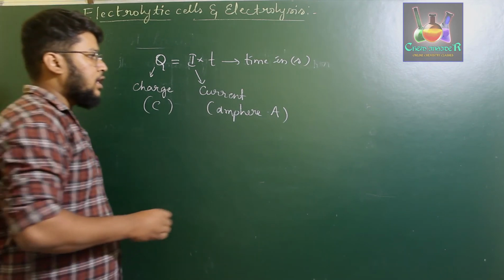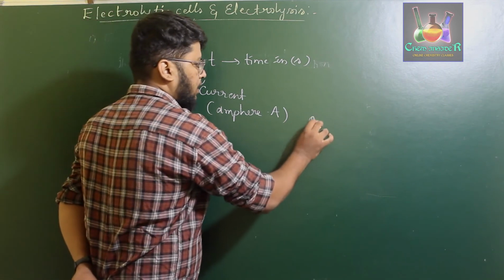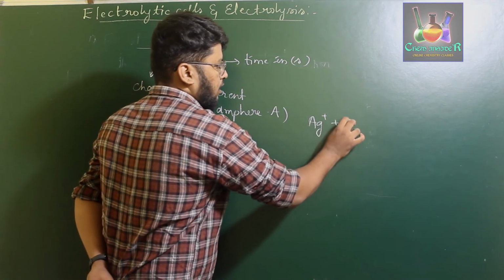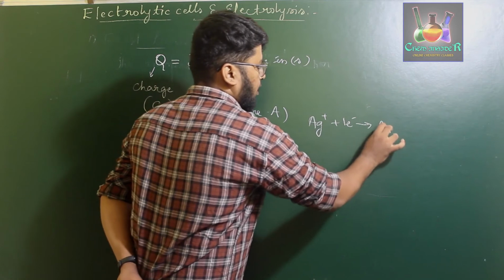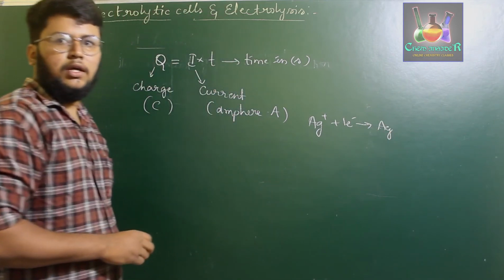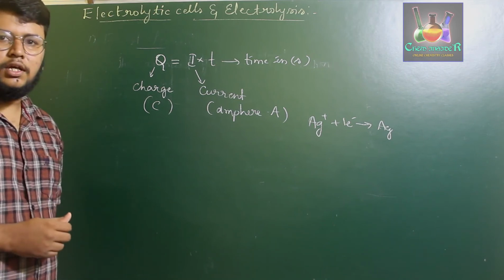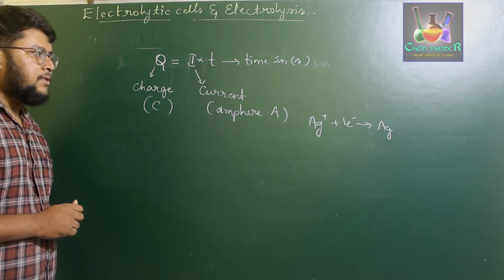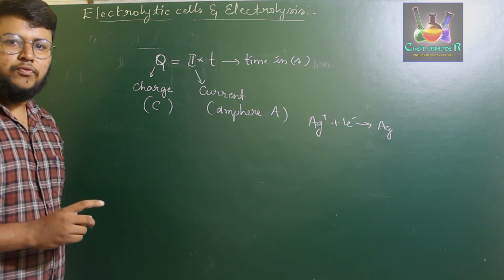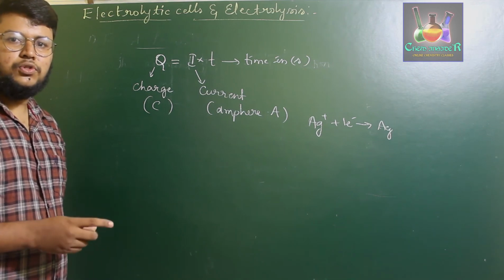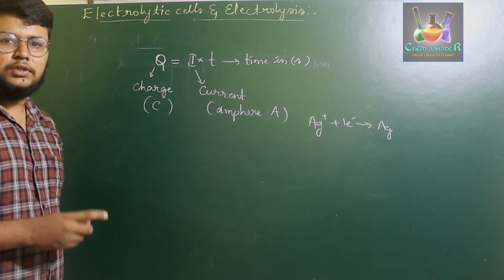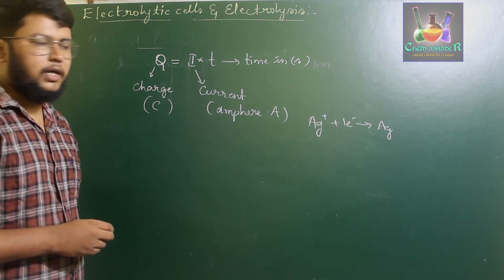Now, if you consider an electrolysis process, let us say Ag plus ion is gaining one electron to form Ag. Then what we observe is 1 mole of electrons can be used for reducing 1 mole of silver ions, right?